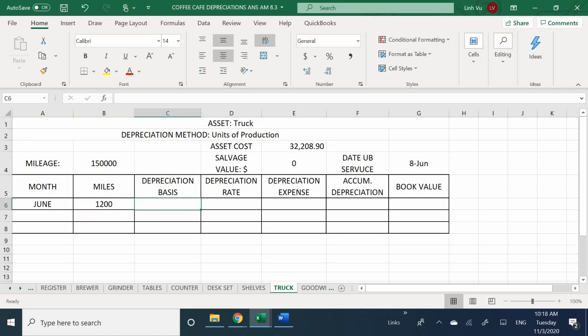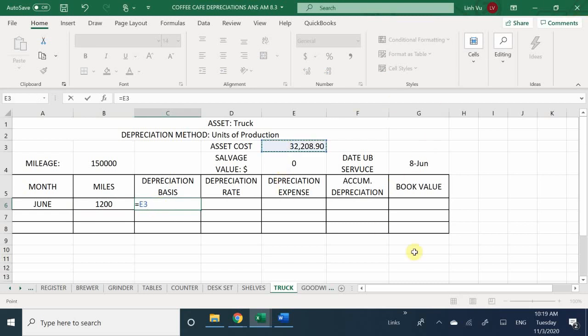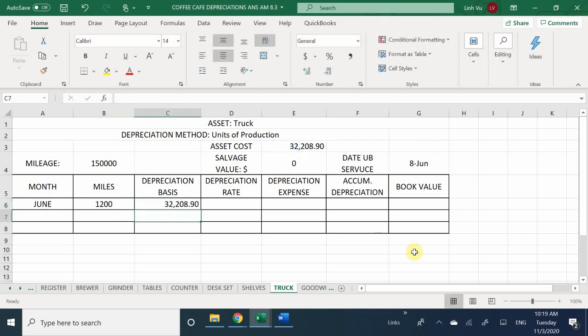So what's my depreciation basis? Cost minus salvage, so it would be $32,208.90. It's going to be your cost of the asset minus salvage value, which we don't have. So that means our basis is going to be 32,208.90, right?